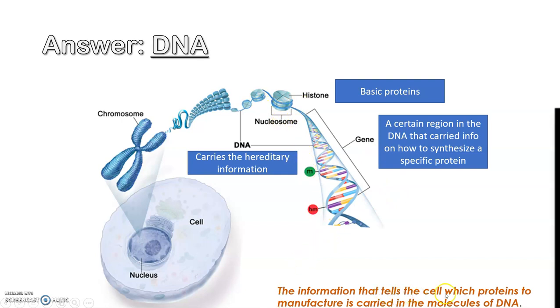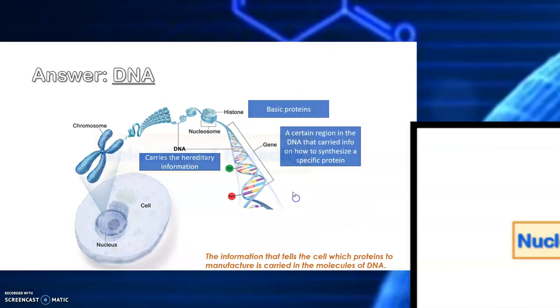The information on which protein the cells manufacture, or synthesize, is carried in the molecules of DNA. So DNA carries the recipe, the directions on how these amino acid sequences will be synthesized.